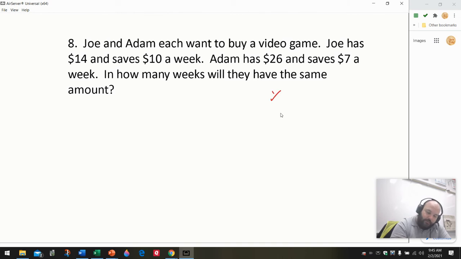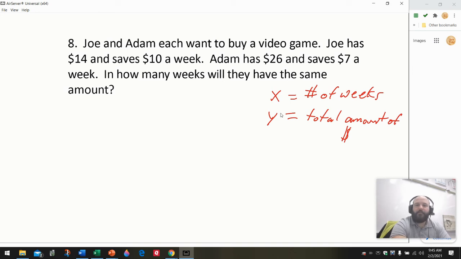So we're going to go ahead and define x as the number of weeks. Y is going to be the total amount of money. So x is the number of weeks, y is the total amount of money. Once we know those two things, we can begin to form the equations.